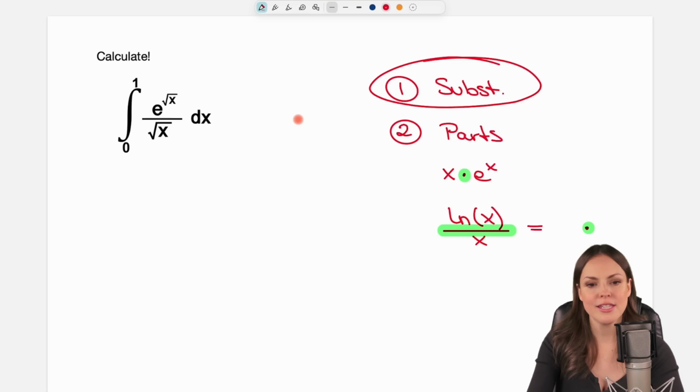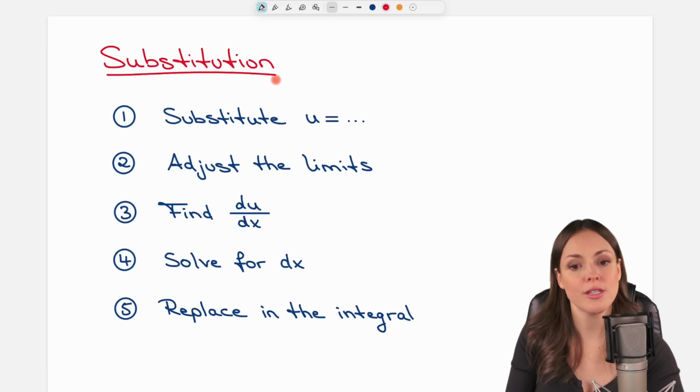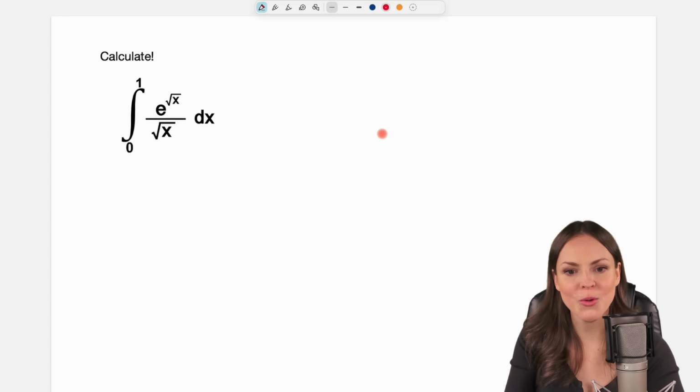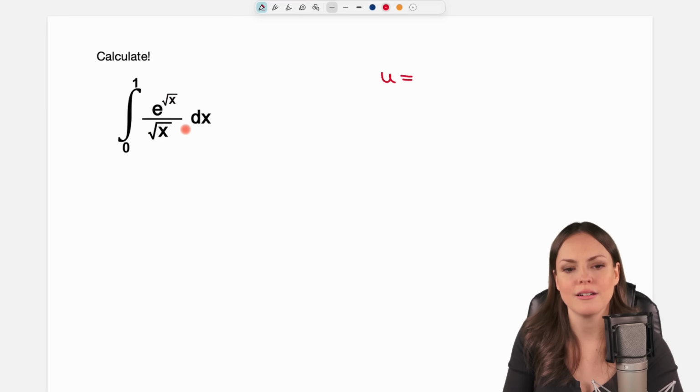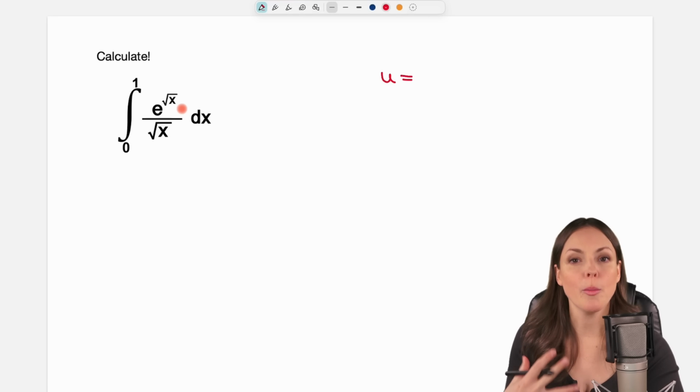There are 5 steps that you can use for substitution. Step number 1, substitute u with something. We have to substitute the thing that makes this function the most difficult, or that disturbs us the most.